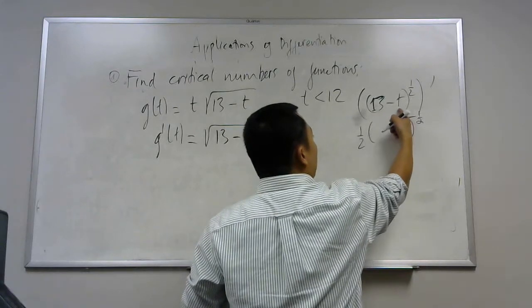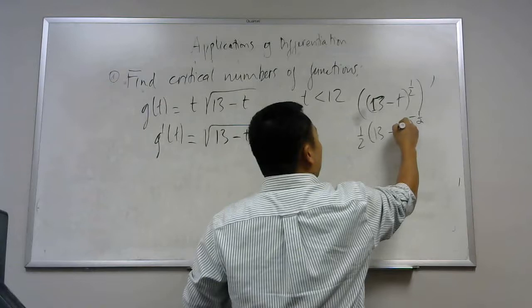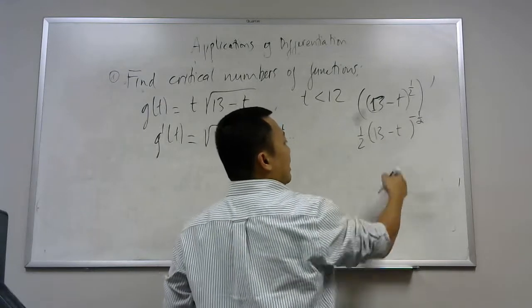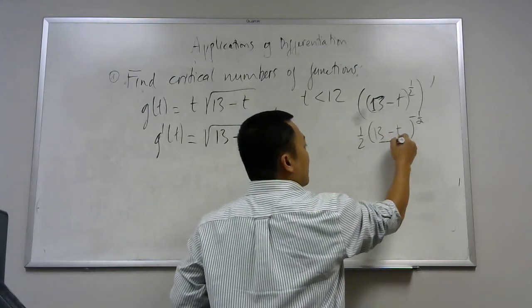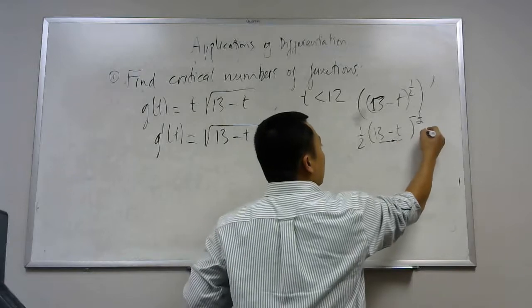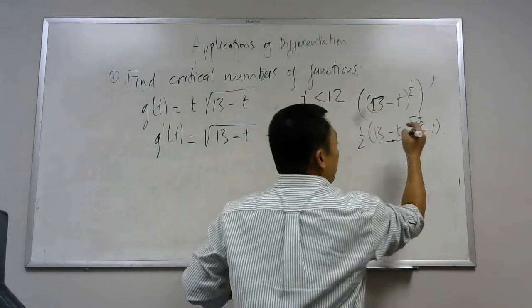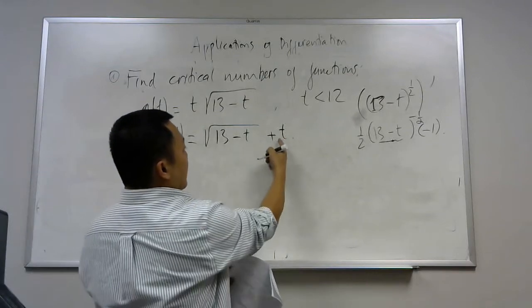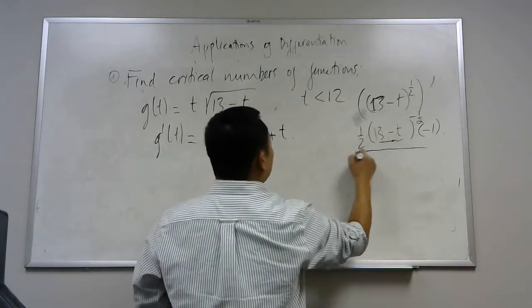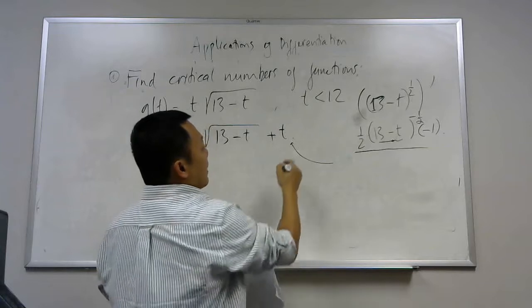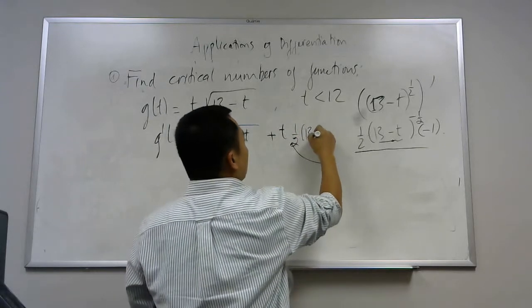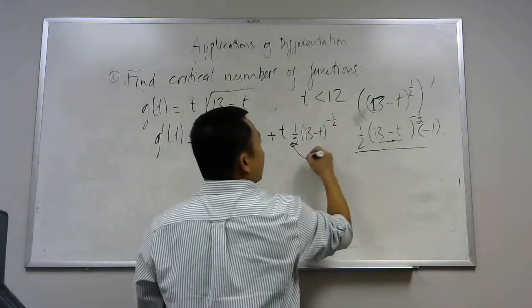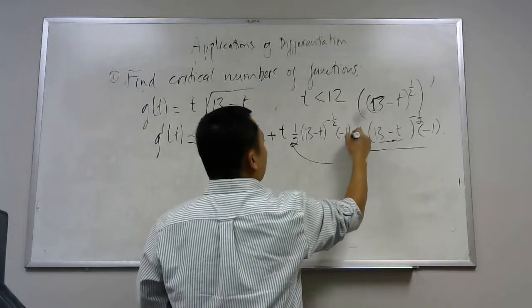I copy everything inside and put it in this place. Then I need to take the derivative of the inside, which is negative 1. Don't forget the parentheses, otherwise you get it wrong. I get 1/2 times 13 minus t to the negative 1/2, times negative 1.